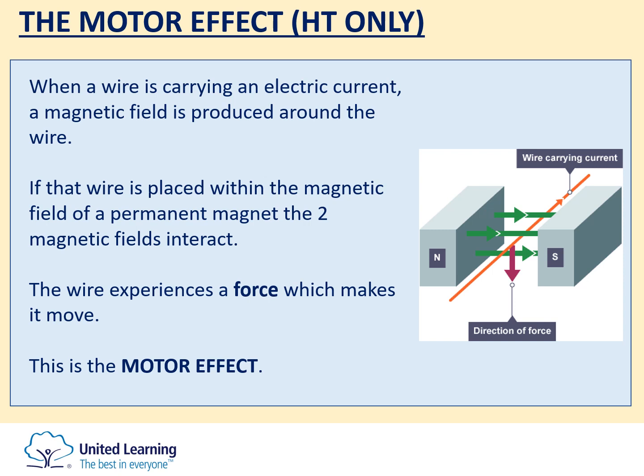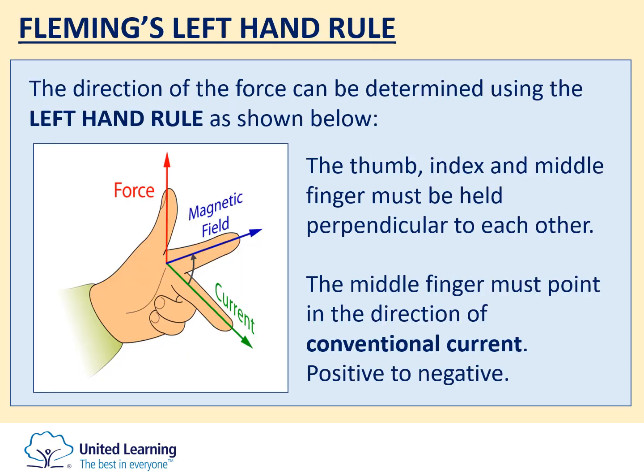Now, in order to determine which way something is going to move, we use Fleming's left-hand rule. So if you hold out your hand and position your fingers in the directions as shown here, so that they are all perpendicular to each other, your index finger is pointing in the direction of the magnetic field from north to south. Your middle finger is pointing in the direction of the conventional current, so from positive to negative.